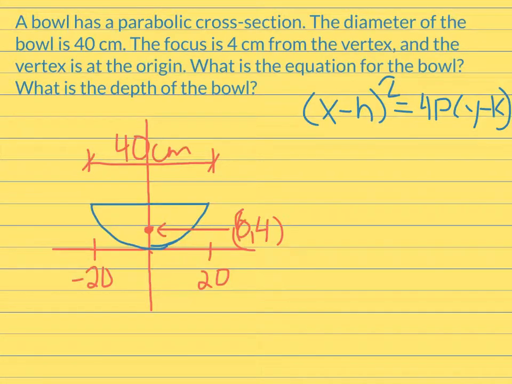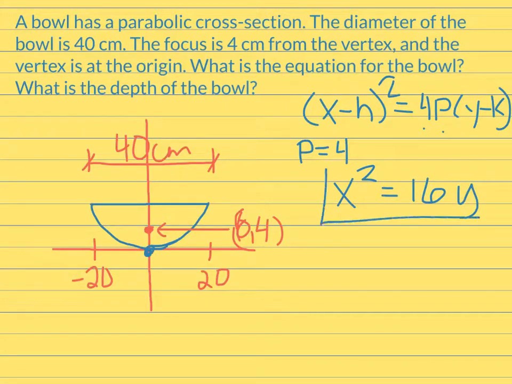And I know that if this is the vertex at 0 and the focus is at 4, then p has to be 4. So I've got x squared equals, and then 4 times 4 it would be 16, and then y minus 0. So x squared equals 16y would be the equation.